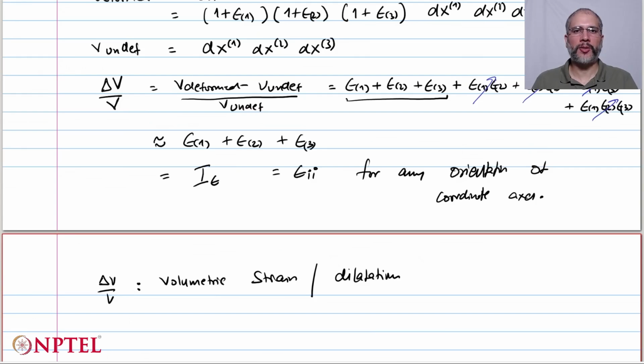In fact, this is true in general. Whatever element you take, the volumetric strain or the dilatation is equal to the trace of epsilon. We'll show that later for a general case, but right now we have shown that for a case where our cuboidal element was oriented along the principal directions, because doing the mathematics was straightforward here.